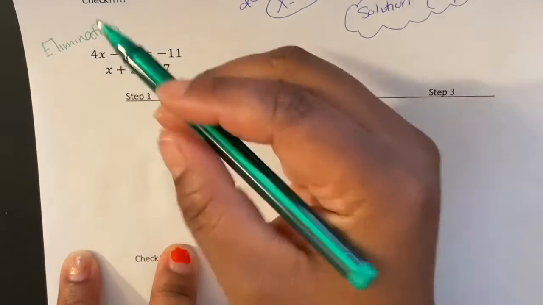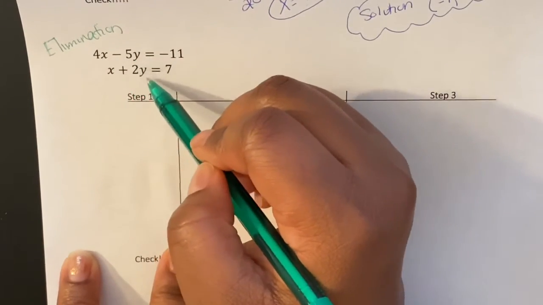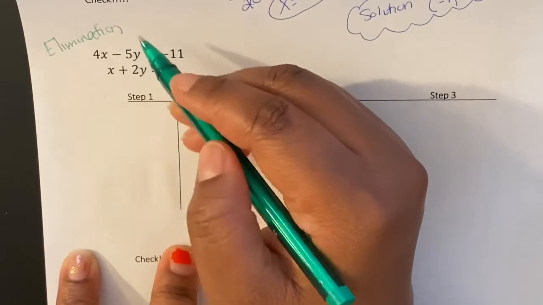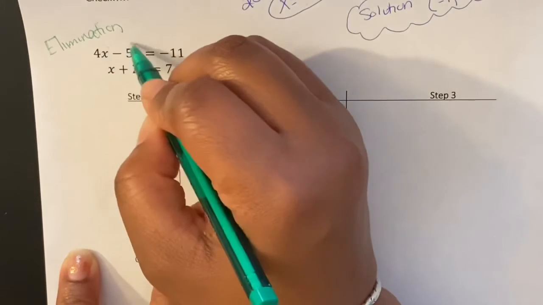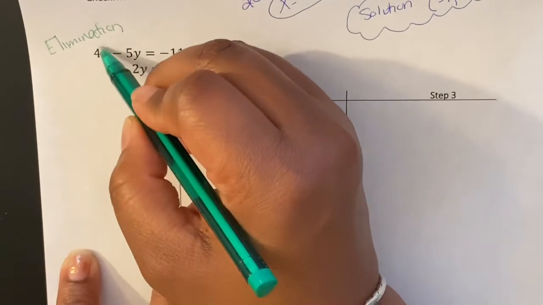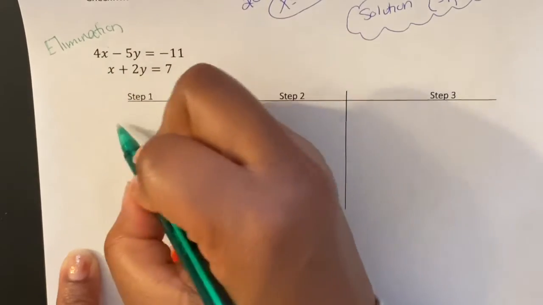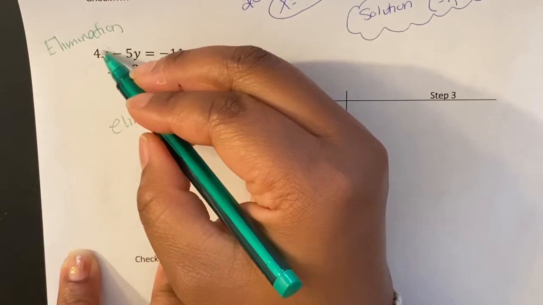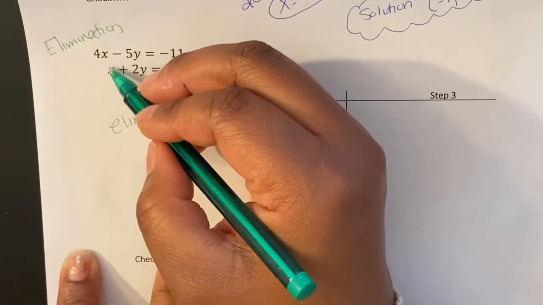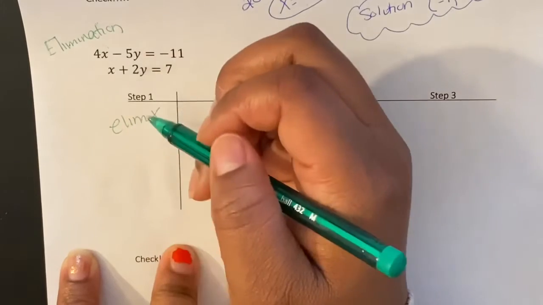So for example, here I have 4x minus 5y equals negative 11, and I have x plus 2y equals 7. If you look at these x's, you have to choose which variable will be easiest. And I think the x's will be easier to eliminate because I can keep this 4x the same, and I can make this 1x a negative 4x so that they cancel out.